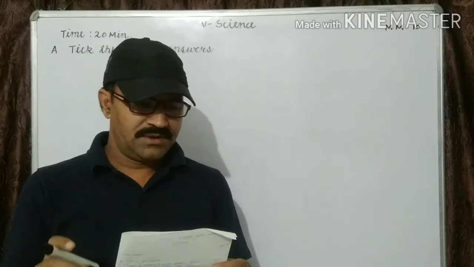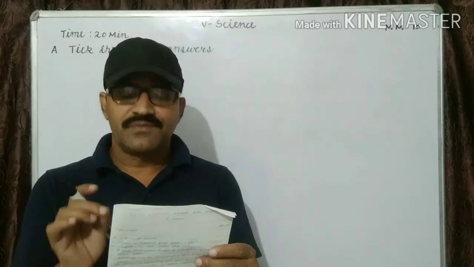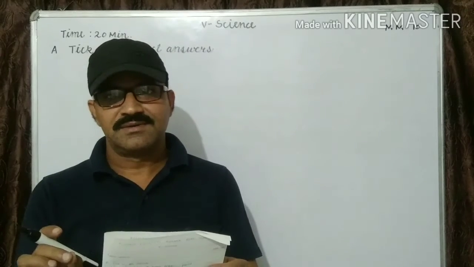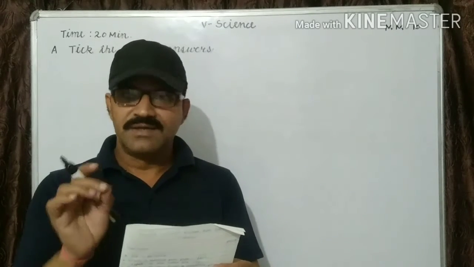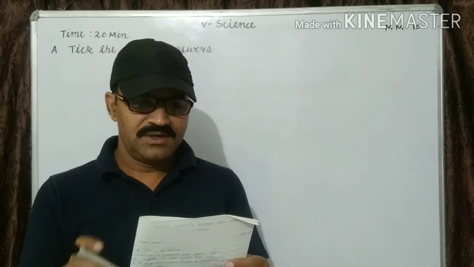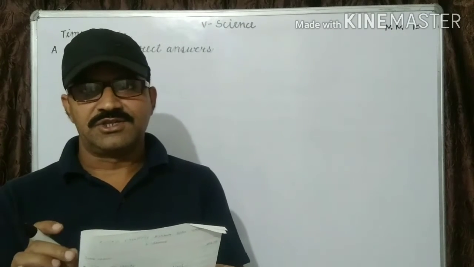First question, which of the following should occur first when plants reproduce through flowers? A. Dispersal, B. Germination, C. Pollination, or D. Fertilization.